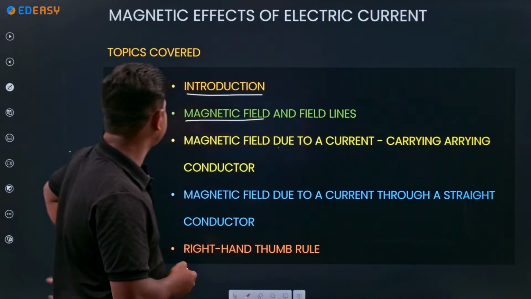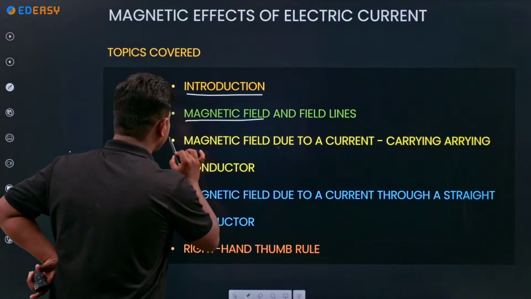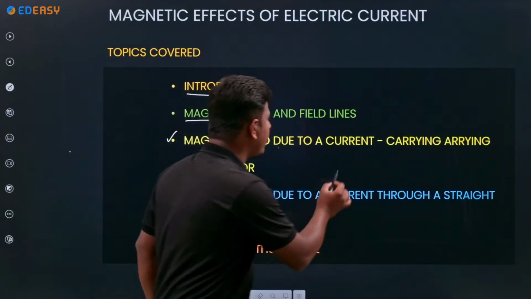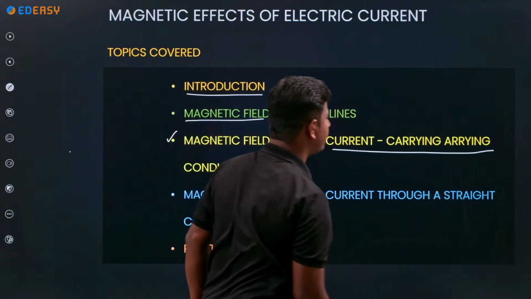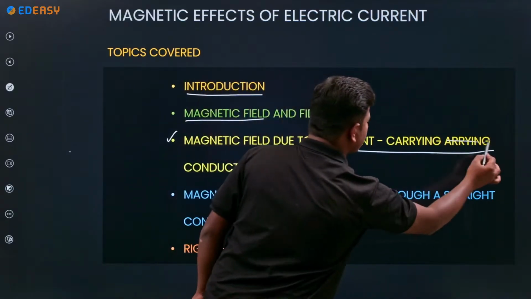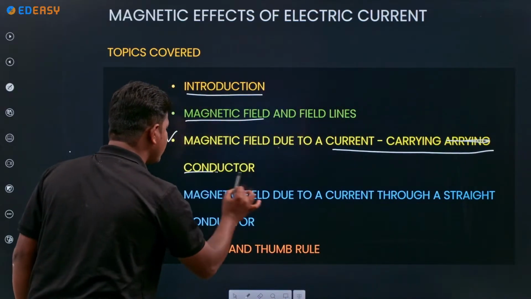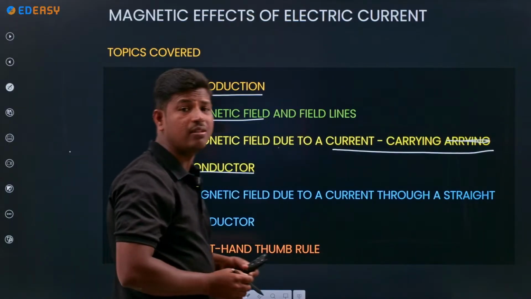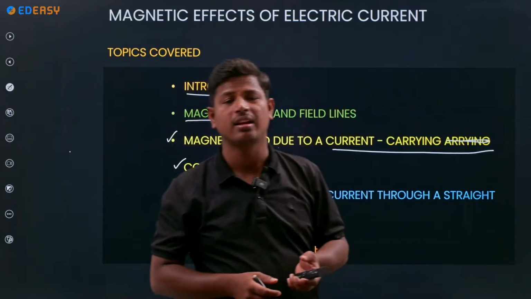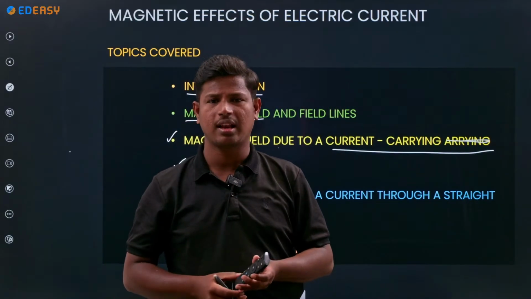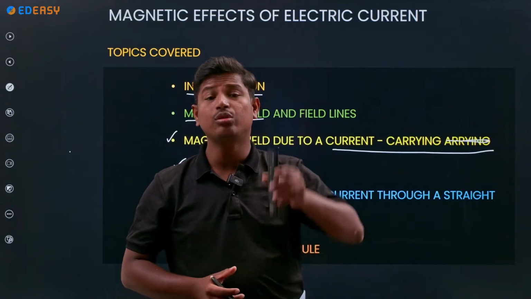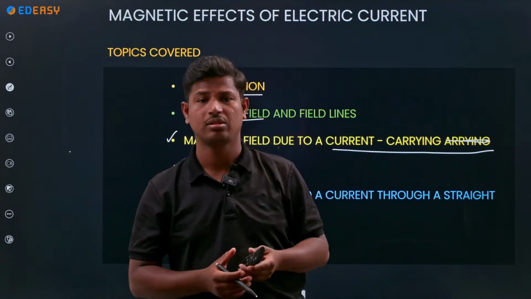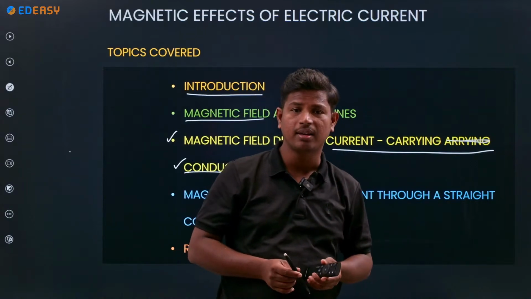Next, magnetic field due to a current carrying conductor. If you take a current carrying wire, how is the magnetic field?